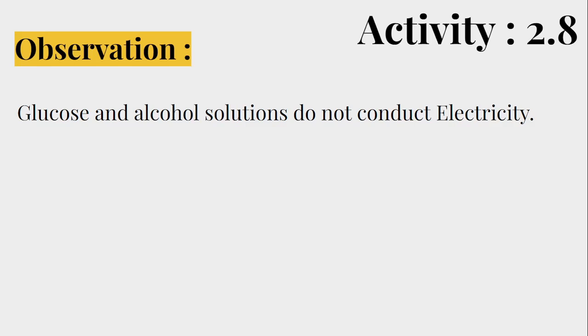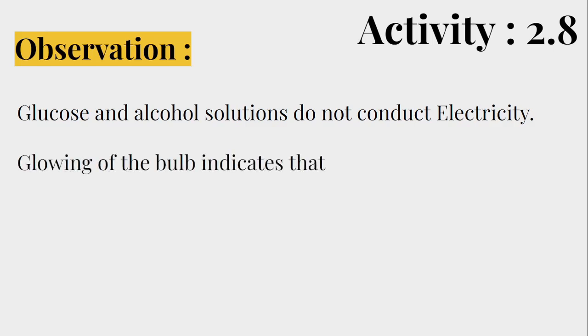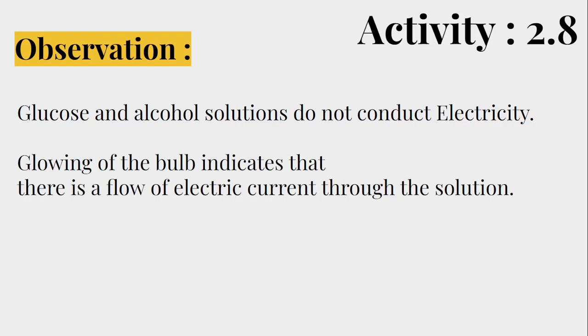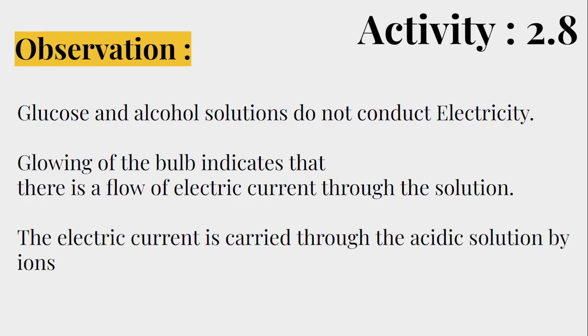Glowing of the bulb indicates that there is a flow of electric current through the solution. The electric current is carried through the acidic solution by ions.